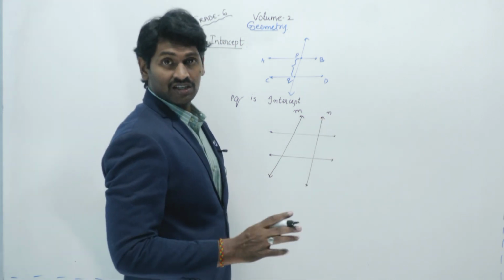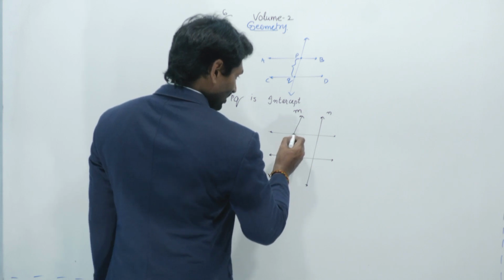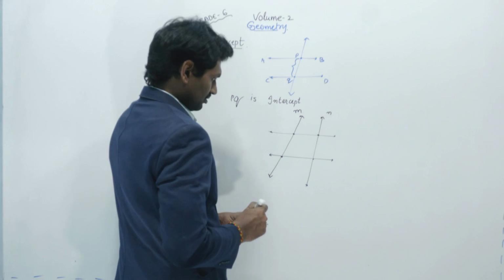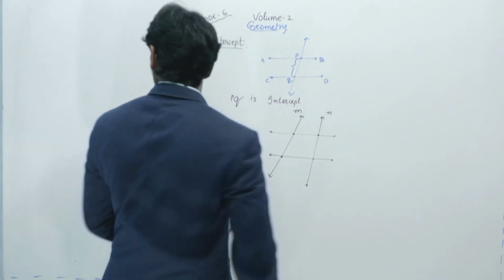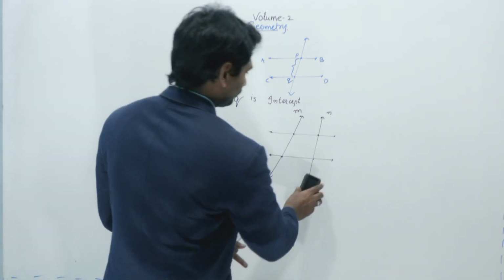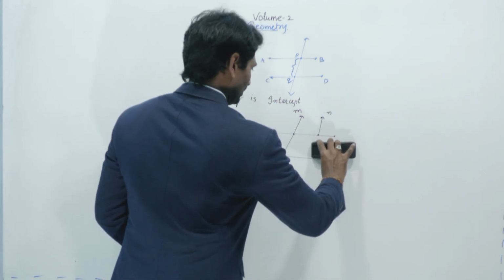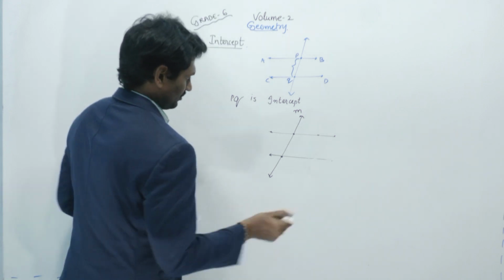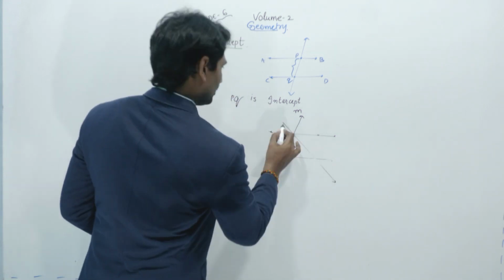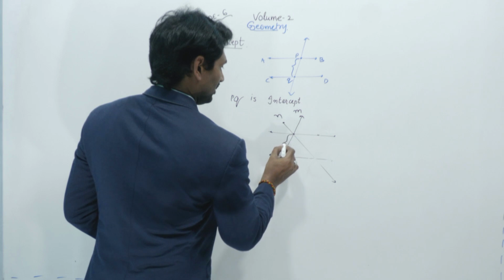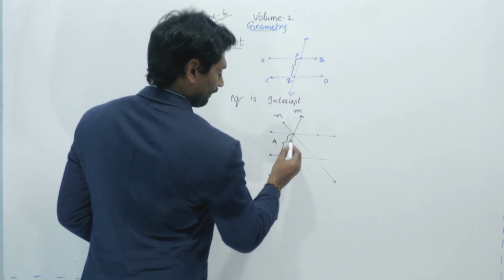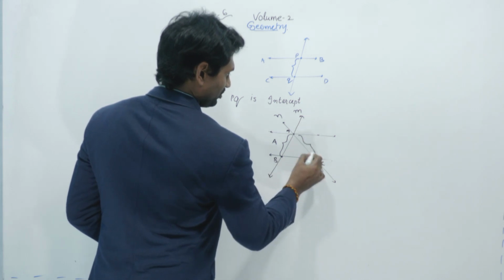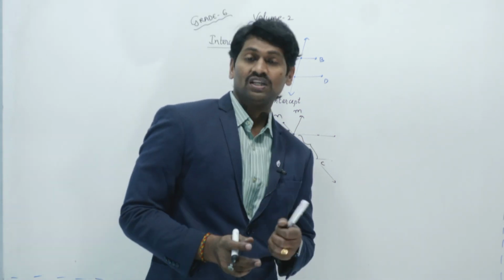Here, if you take AB and AC, these two distances can be equal.